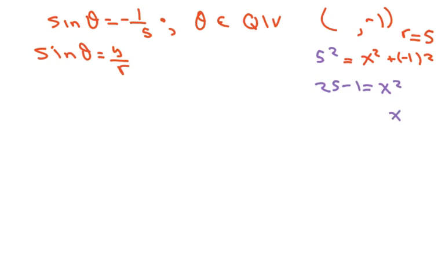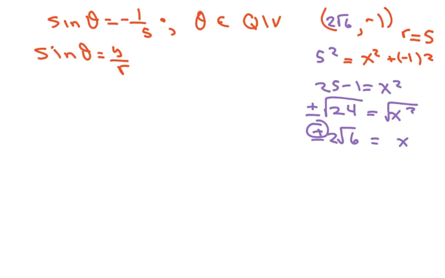So x squared equals 24. Square root both sides, and don't forget your plus and minus. So x equals, this is 4 times 6, so plus or minus 2 square root of 6. Since we're in quadrant 4, x is positive, so we take the positive: 2 square root of 6.